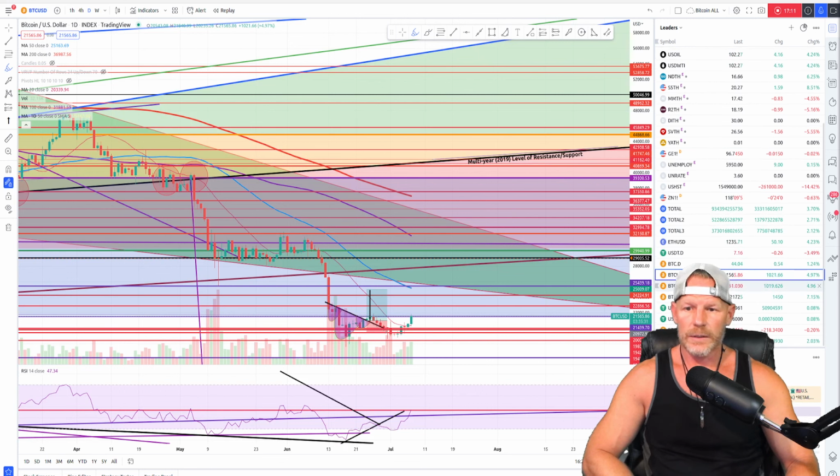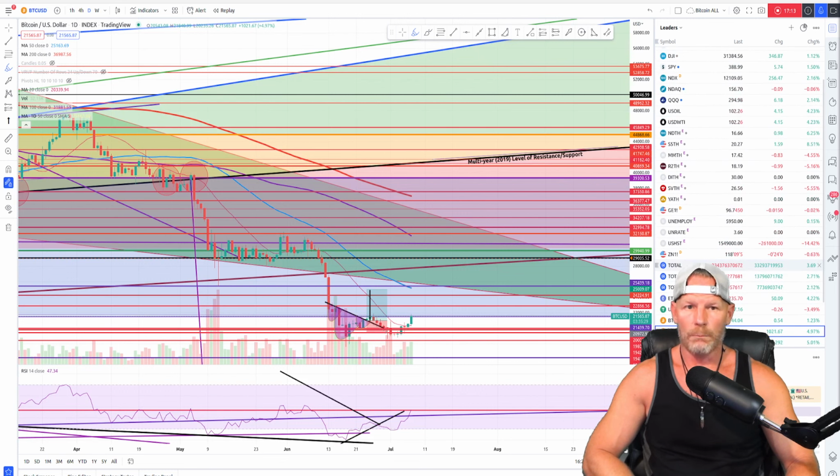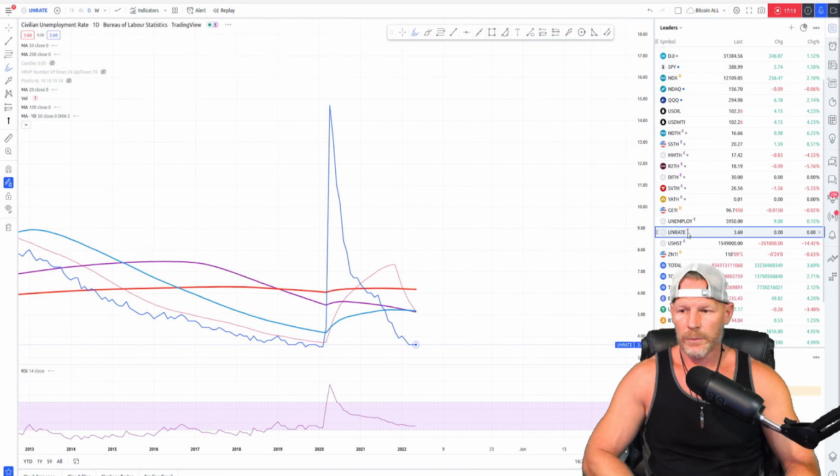You know what else I'm seeing, and what might help us determine the way Jay Powell and the Fed are going to go? Look at this unemployment rate. I mean, it's flatlined, all right? It's not going up. If the unemployment rate was starting to go up, that is where Jay Powell and company might come in and give us a little bit more relief.